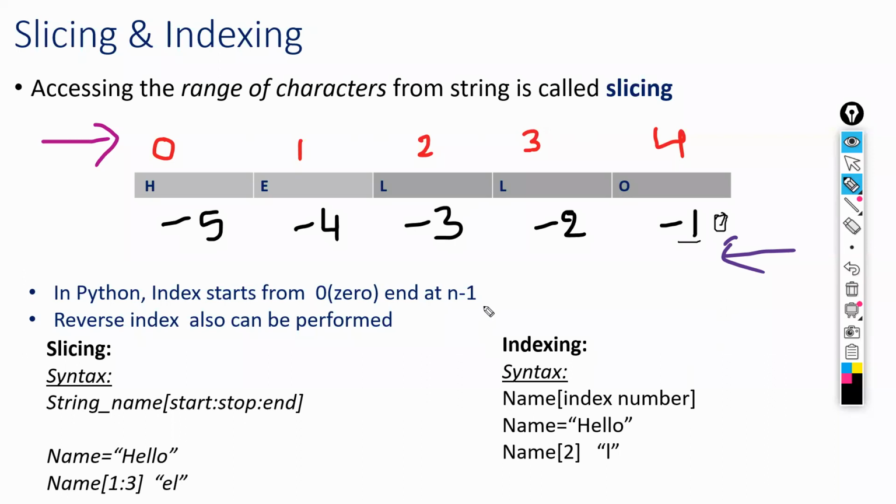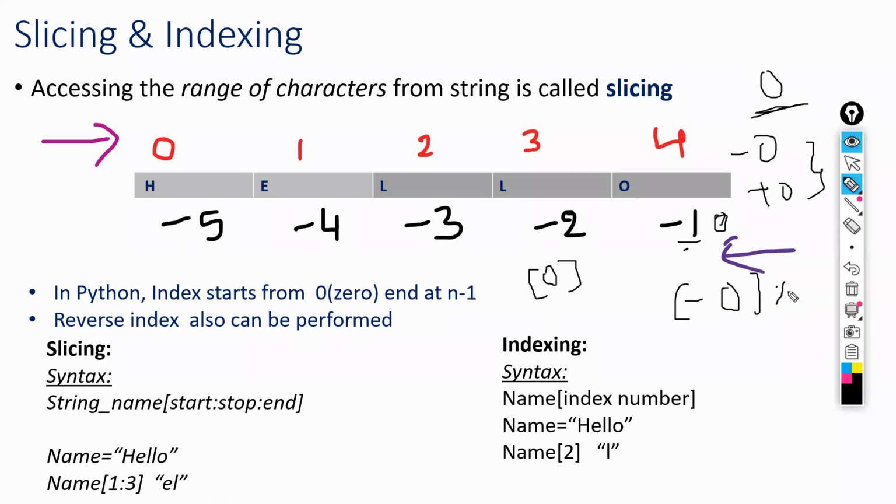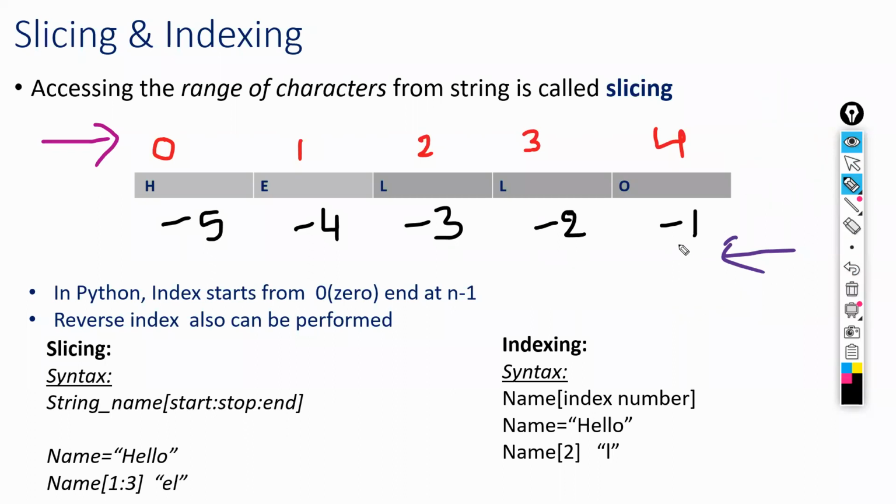The reason is, if I say X is the 0 element or 0 character, there is no negative 0, right? 0 is 0. -0, +0, these are not valid. Only 0 is valid, right? So if I give -0, Python won't work because -0 does not exist. So that's the reason it starts from -1.